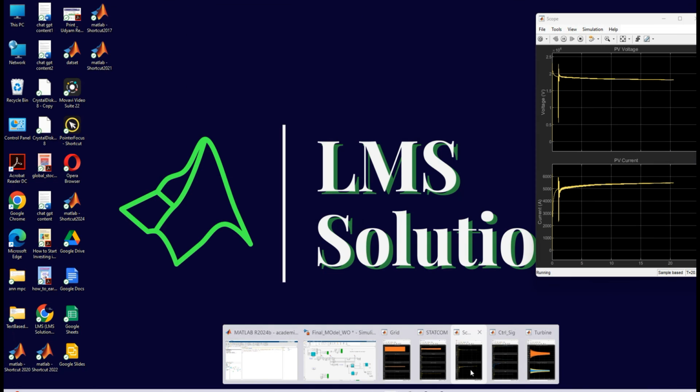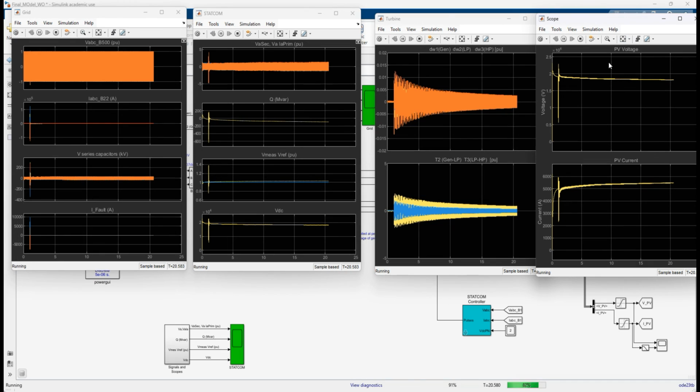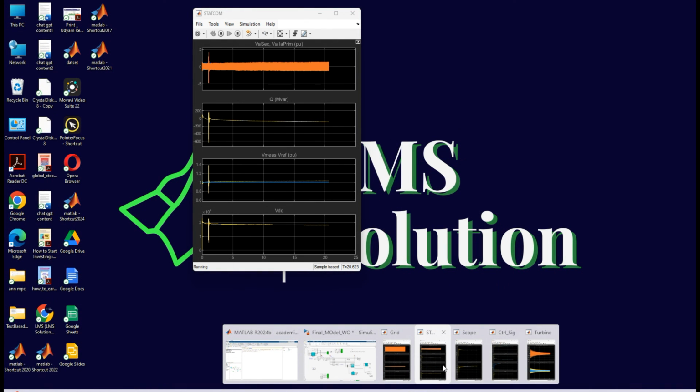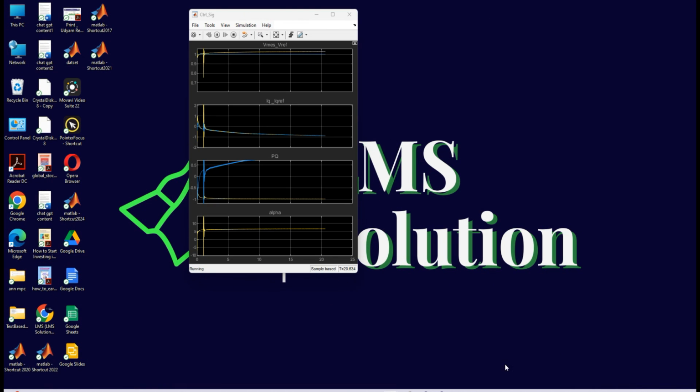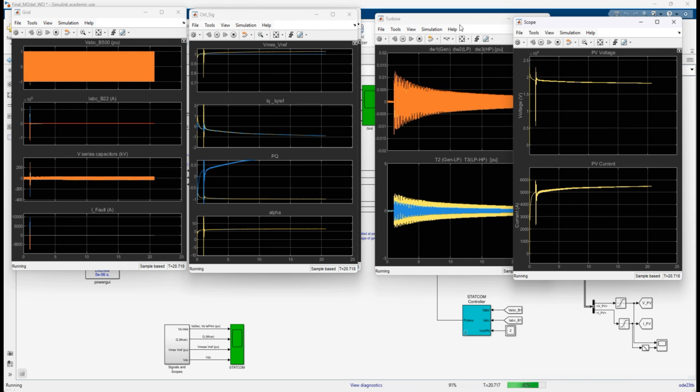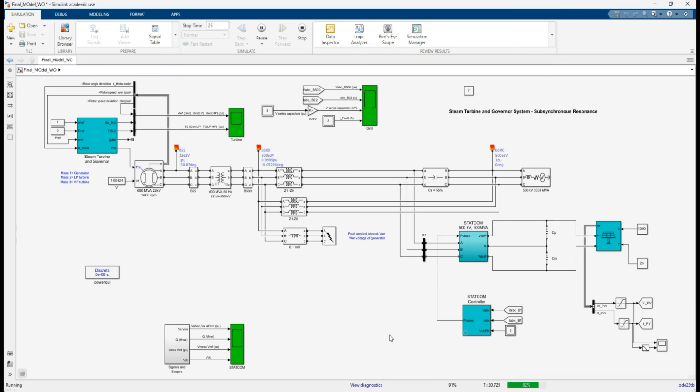And then here you will see the PV voltage and current of the PV array. And then this is the tracking of reference current and actual current in this STATCOM, that means IQ and IQ reference. So these are the results you can see from the system with the PV STATCOM.